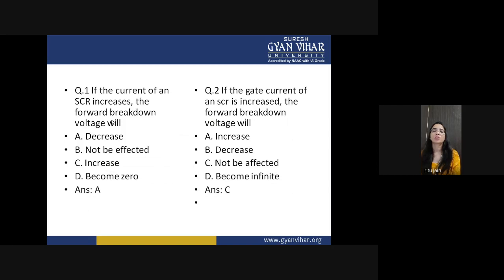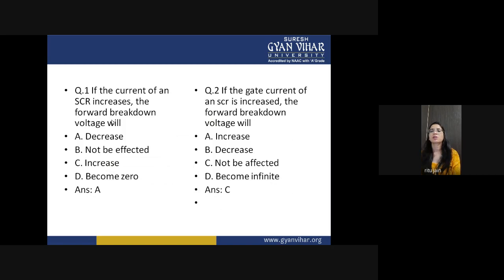We have already seen the characteristic of the SCR: when you increase the gate current, the forward voltage was reducing. So when you increase the SCR current, the forward breakdown voltage will decrease.